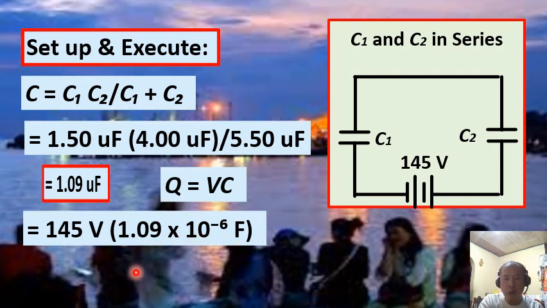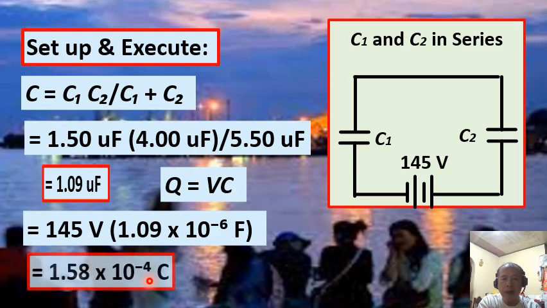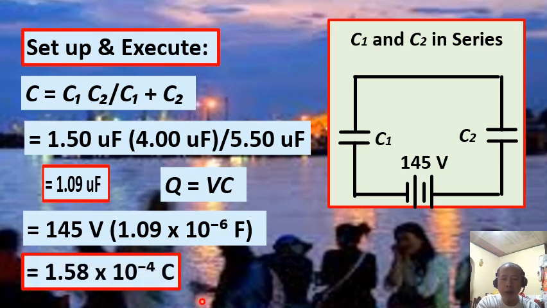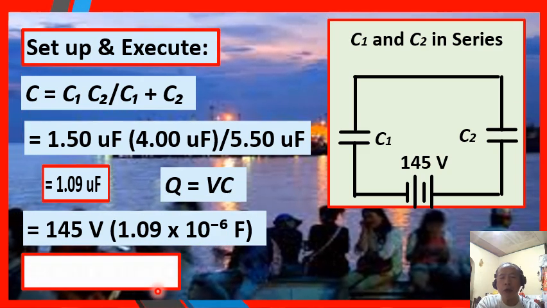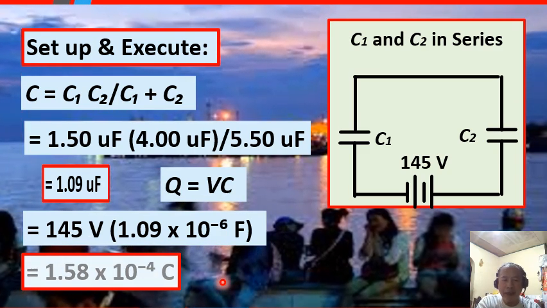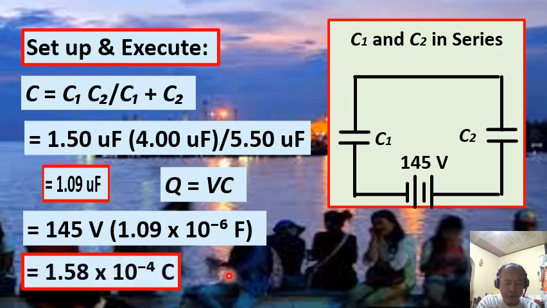Multiplying these two quantities, we find the total charge big Q equal to 1.58 times 10 to the negative 4 coulomb, also in three significant figures.